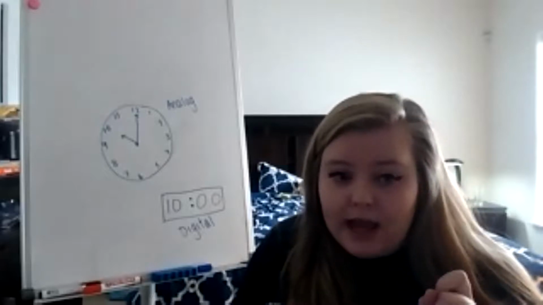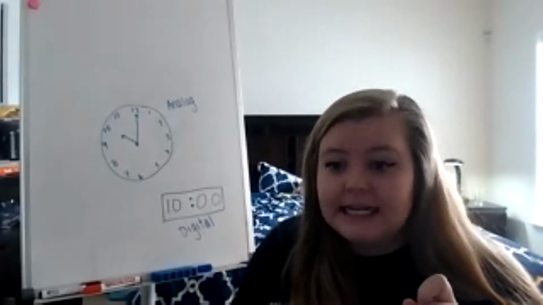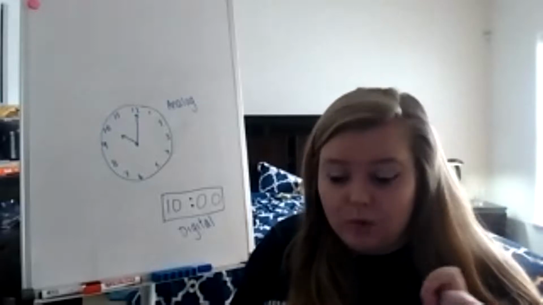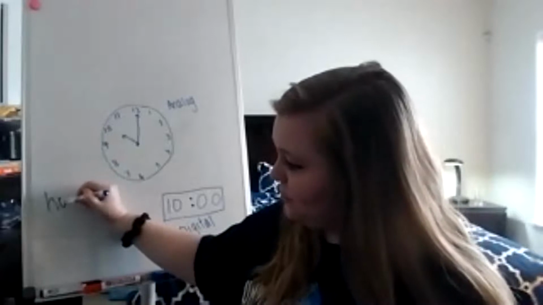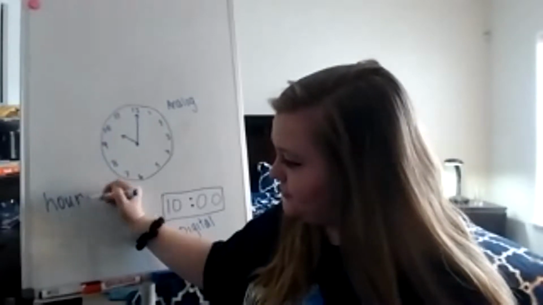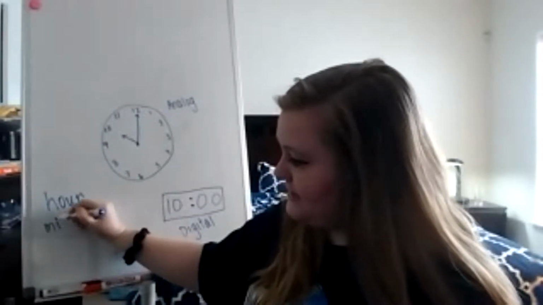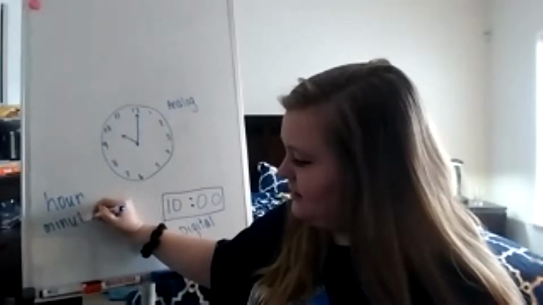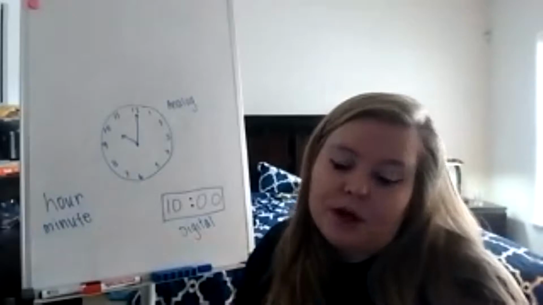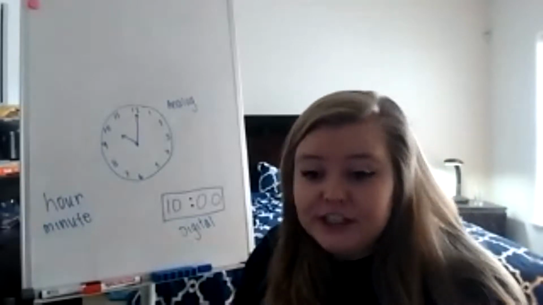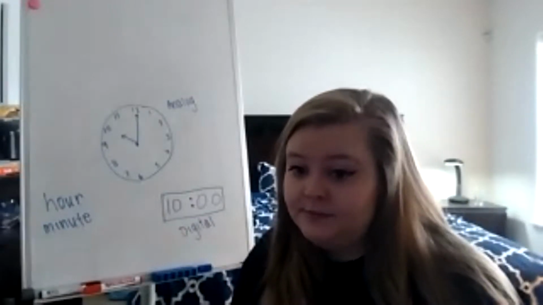Here's a quick way to remember which hand is the hour hand and which hand is the minute hand. When I look at the word hour and I look at the word minute, which word is shorter? Which word has fewer letters?